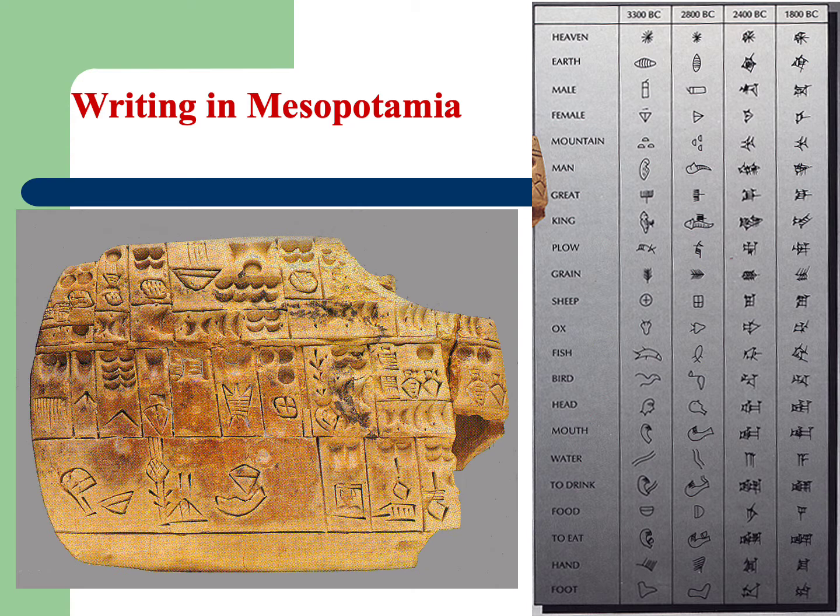And then as the need to standardize and make it faster so that people can actually take notes and write quickly, you see a further and further abstraction of this system until you get to the Akkadian script of Akkad, an early ancestor to Babylon.